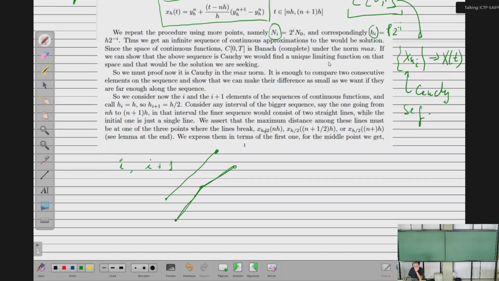So we have the x at nh, this is n. We have h, from the other sequence, we have this point is the point n plus 1/2 times h, and I have a mistake here. There is a 1 here.